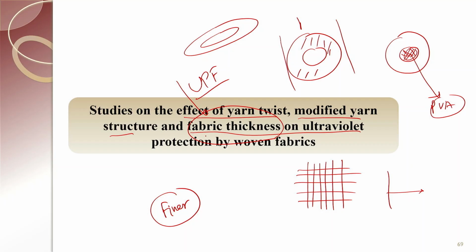So, fabric yarn packing in the fabric structure has to be more. In that case the main difference would be that the size of the pores will be reduced. In case of coarser yarn, the size of the pore between the yarns, between the warp and weft yarn, will be larger. Individual pore size will be more in case of coarser yarn, and it will become smaller in case of finer yarn.